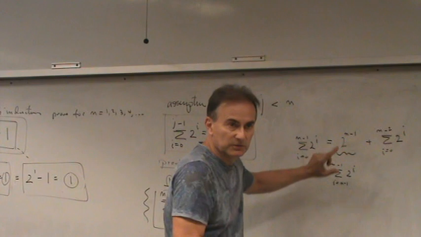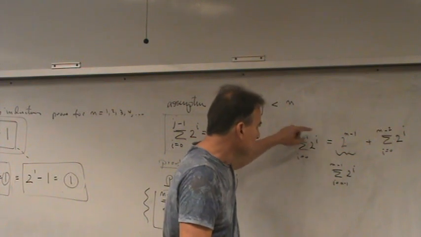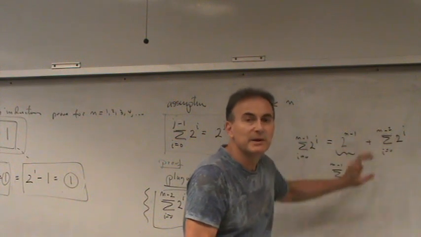Therefore, this is 2 to the n minus 1. So this is that missing term from the top, and this is the assumption, everything but that missing term.